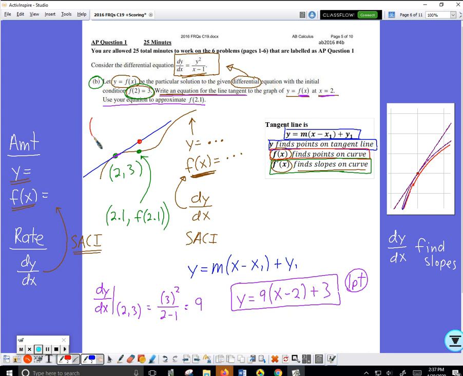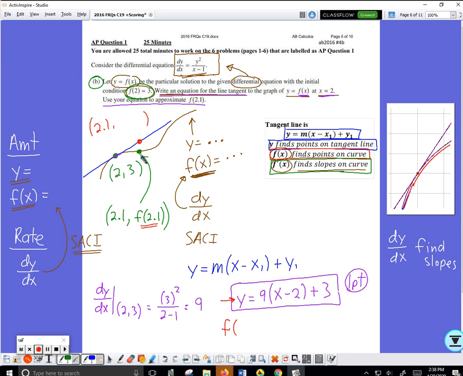So that x-coordinate is also 2.1. We're going to find the y-coordinate using this equation here. So we write f of 2.1. We're approximating this y value right there.